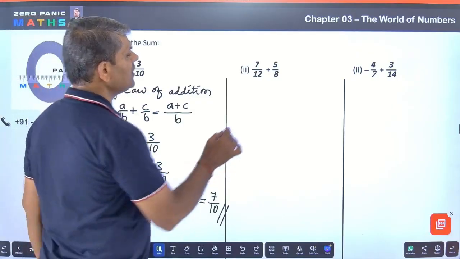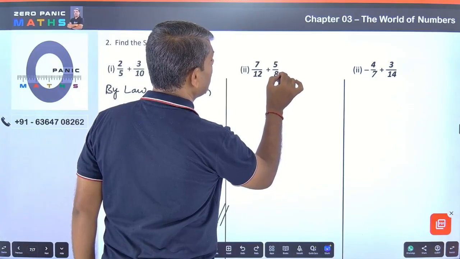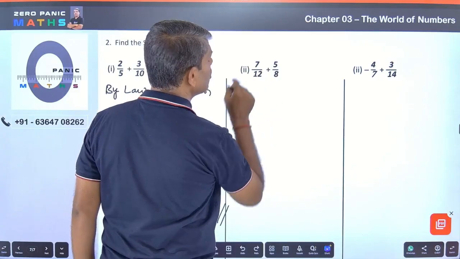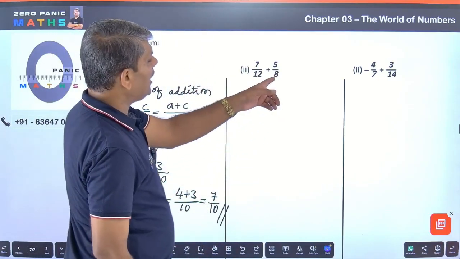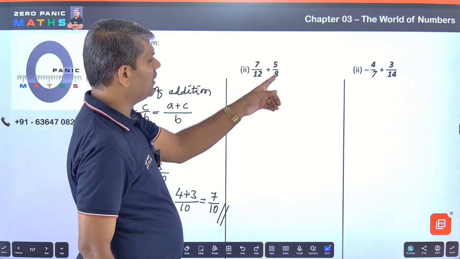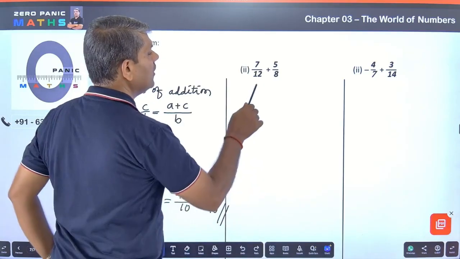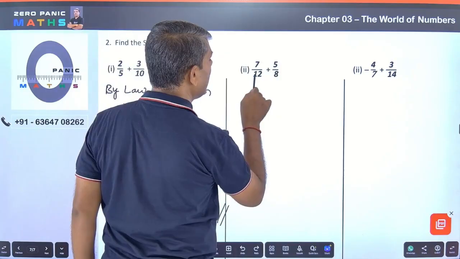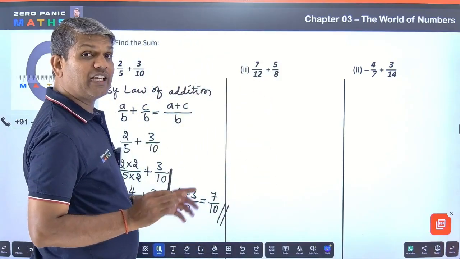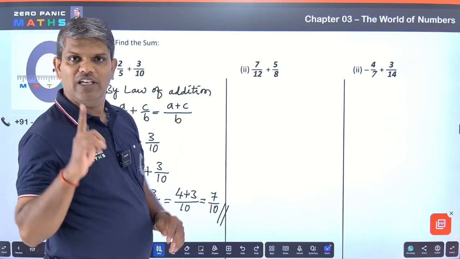I cannot just multiply the second number's denominator with some number and make it 12, because 8 will not have 12 as a multiple in the 8 table. 8 twos are 16, so I cannot multiply any number to 8 to get 12. So I should be converting both the numbers so that they have a common denominator. You're getting it, right?